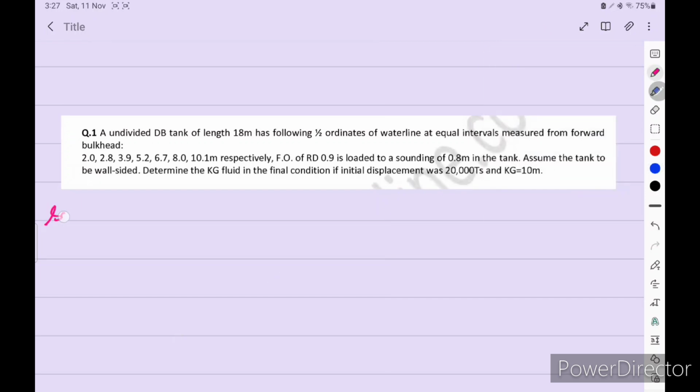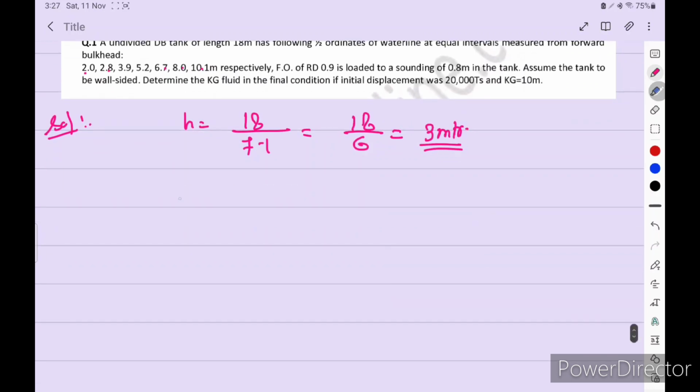Solution: L is equal to 18 meter and number of ordinates 1, 2, 3, 4, 5, 6, 7. So 7 minus 1, so 18 divided by 6 is equal to 3 meter. H value is 3 meter, correct. KG fluid is given in the question as KG plus FSC.